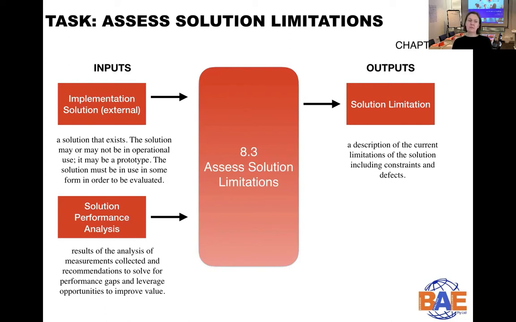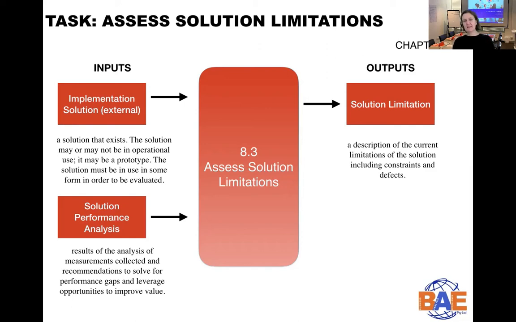And then solution performance analysis. This is the output from the previous task where we did some analysis on the performance measures. So this comes in as an input where we've got the results of the analysis of measurements collected and recommendations to solve the performance gaps and leverage opportunities to improve value. We are using that to help us assess any solution limitations that might exist.